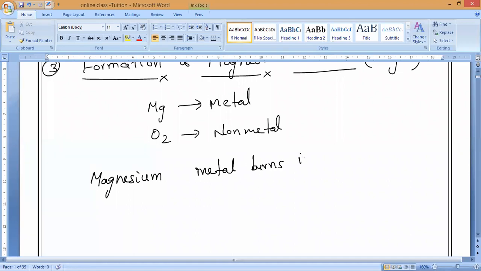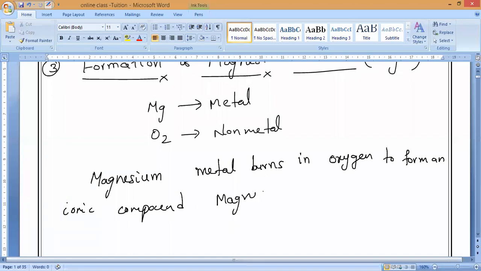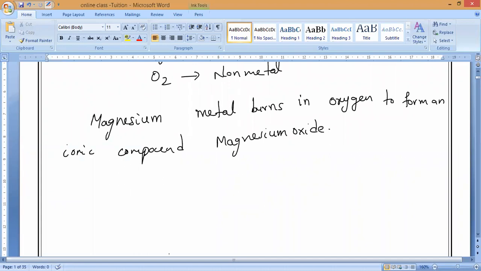So the metal burns in oxygen to form an ionic compound called magnesium oxide. Now what is the atomic number of magnesium, guys?